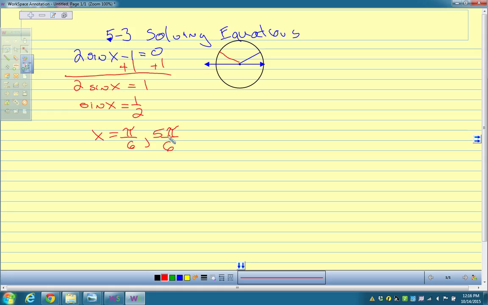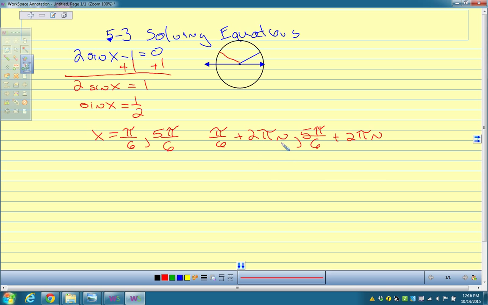So in order to get all of them, this repeats every how much? 2 pi. So the real way to write this is pi over 6 plus 2 pi n, and 5 pi over 6 plus 2 pi n.